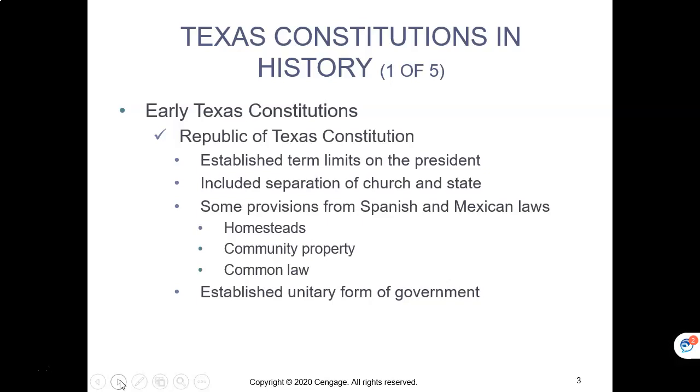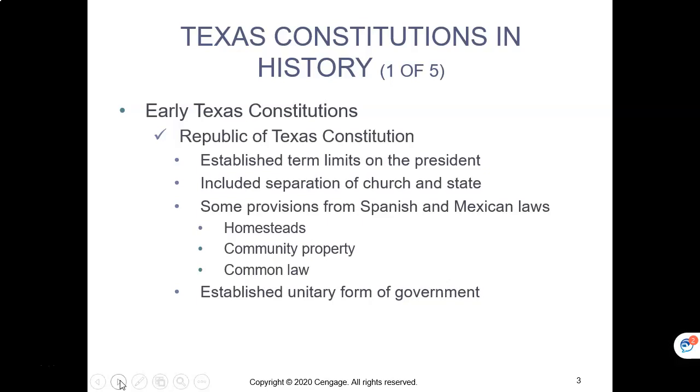So really, they took the United States Constitution. They went to a place in southeast Texas, kind of near Nacogdoches today. They called the place Washington on the Brazos.